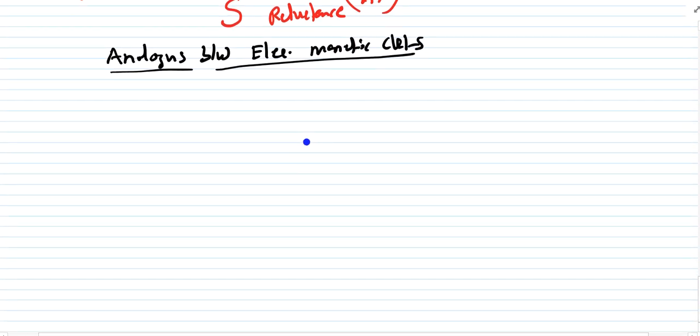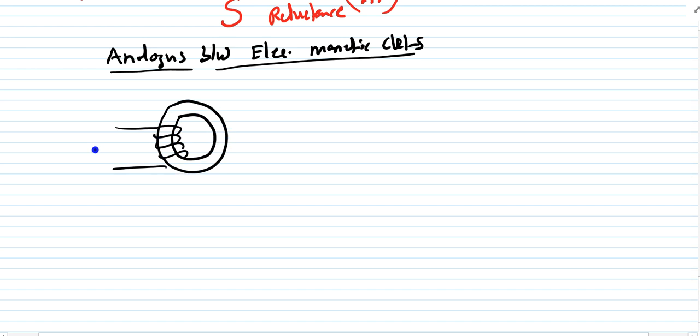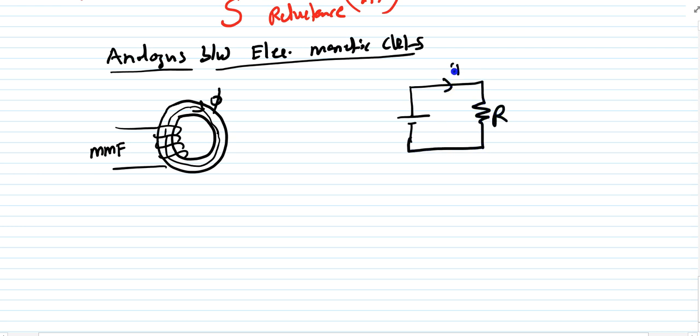Suppose I have a simple magnetic circuit with a magnet, and there is an MMF, with flux phi flowing through this circuit. What is the analogous circuit? It is a very simple circuit with resistance R, current I, and EMF or voltage.